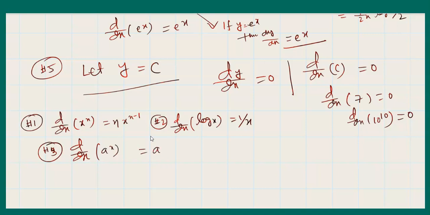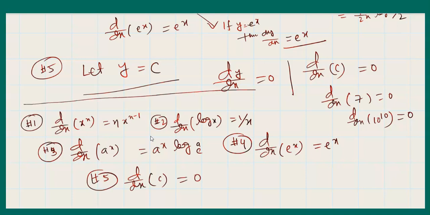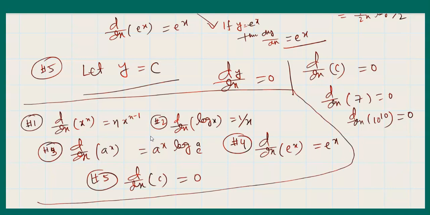This is going to be a to the power x log a base e. Then formula number 4, ddx of e to the power x is e to the power x only. And number 5, ddx of a constant equal to 0. These 5 formulas I am telling you repeatedly, you only need in class 11 and 12. No other formula is required.